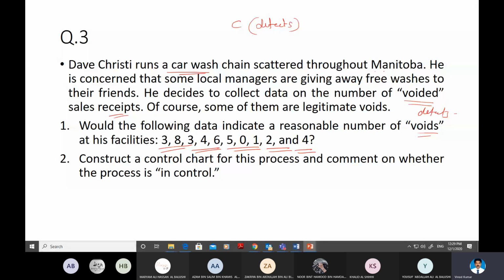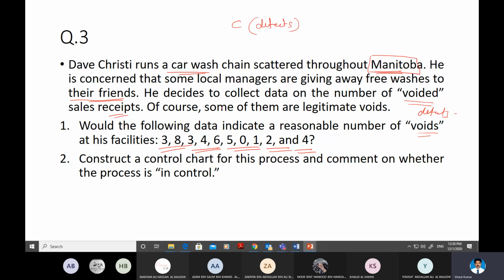Okay, this is the place. He is concerned that some local managers are giving away free washes to their friends. So he wants to catch the people who are giving these free washes. Then he decided to collect data. He has the chain and this is the place.